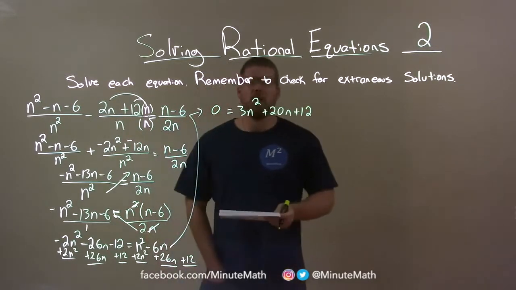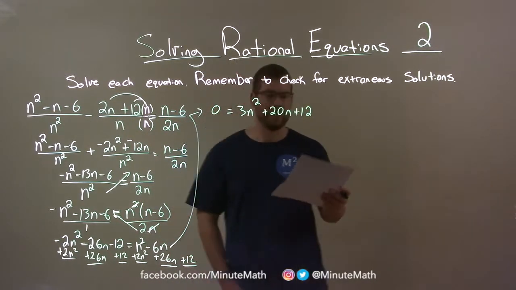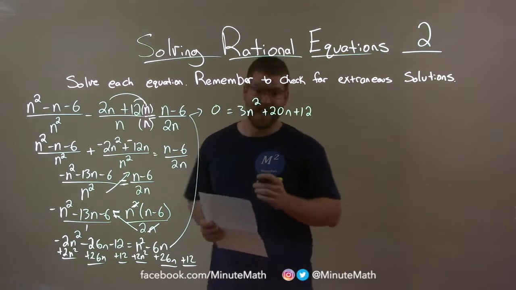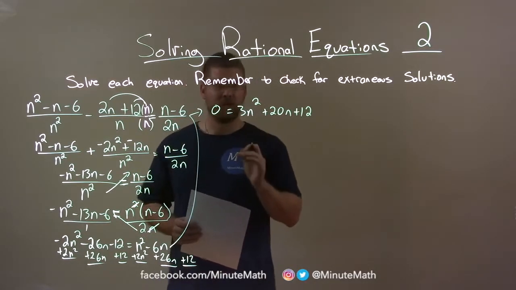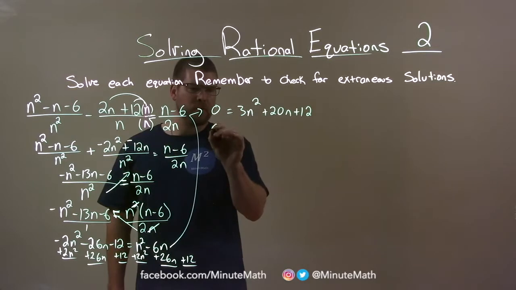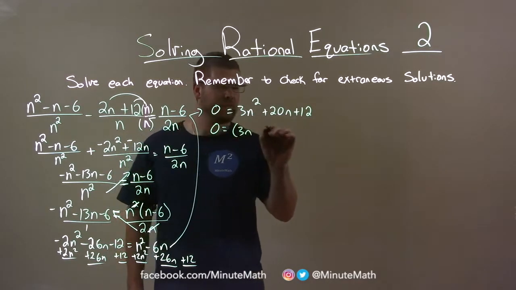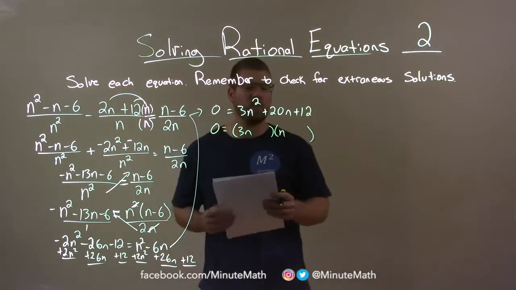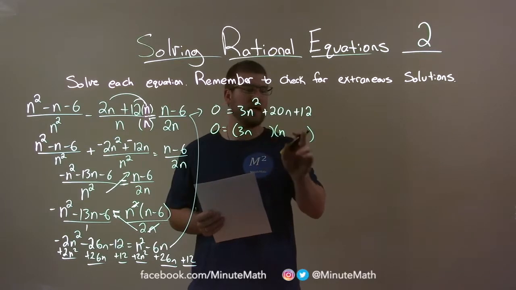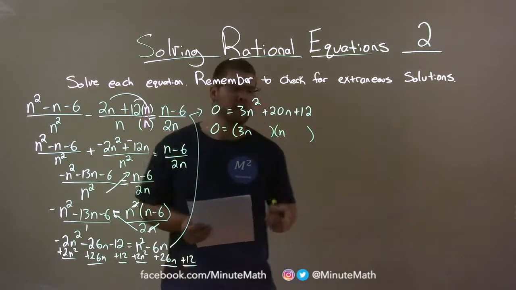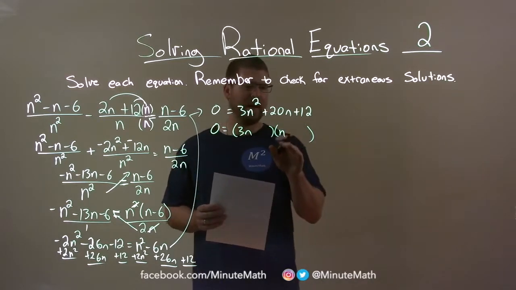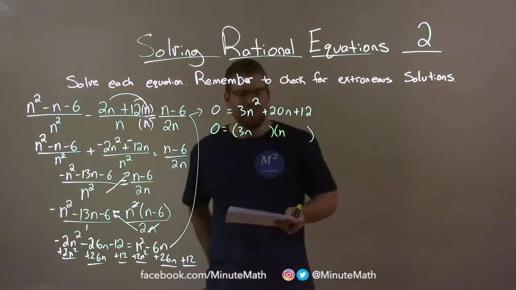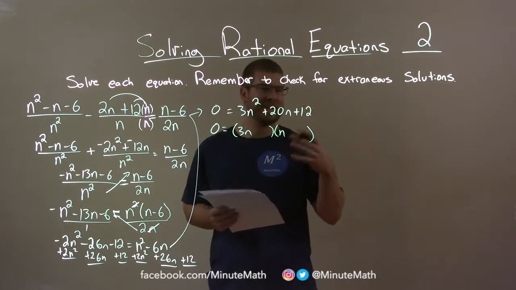So now we want to see what we can do to solve for n. Let's see what we can factor here. 0 equals, we have to have a 3n and then a regular n. What two numbers, when multiplied together, equal 12, but when combined with the 3 give us 20? For 12, I'm thinking 6 and 2.